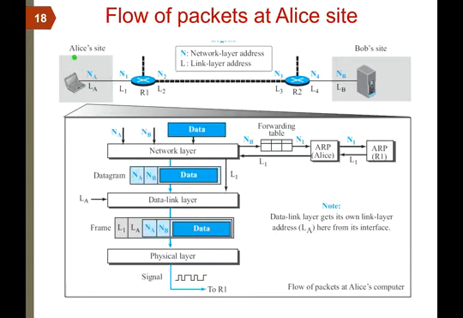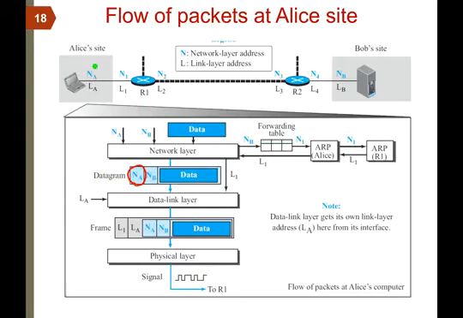Okay, so Alice wants to communicate with Bob. See what happens here. You have your data from upper layers going to the network layer. You use ARP. Now the datagram, we are in the network layer now.